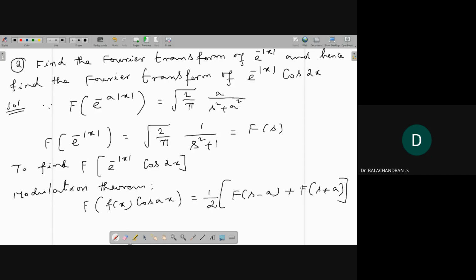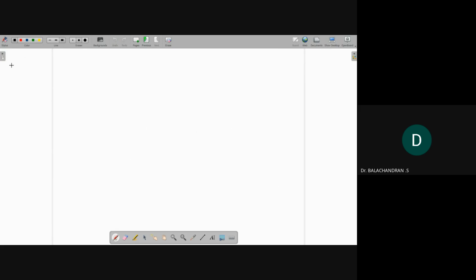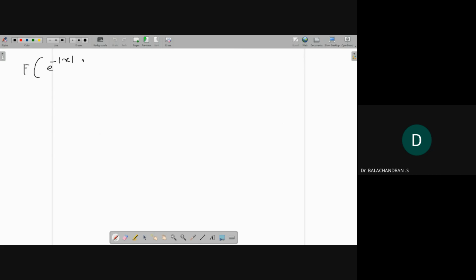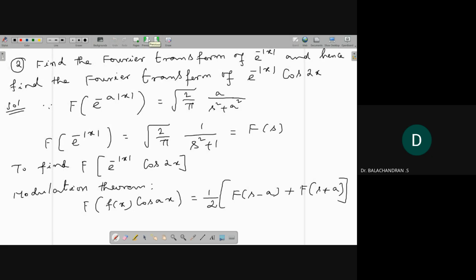So the Fourier transform of e power minus mod x into cos 2x. Here cos 2x means a equal to 2. It is equal to 1 by 2, f of s minus a.